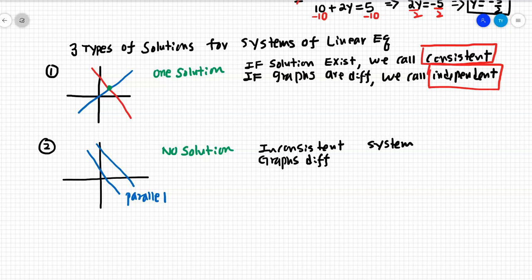So this is the no solution. Inconsistent system because no solution.